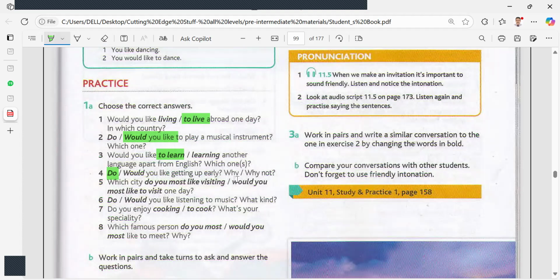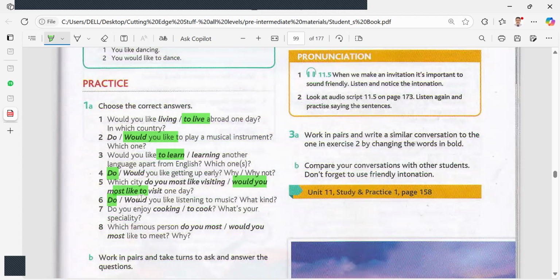No. Do you like listening to music? Yes. Good. Do you like or would you like? Do you like listening? Exactly. Why ing? Yes, excellent. Do you enjoy cooking?